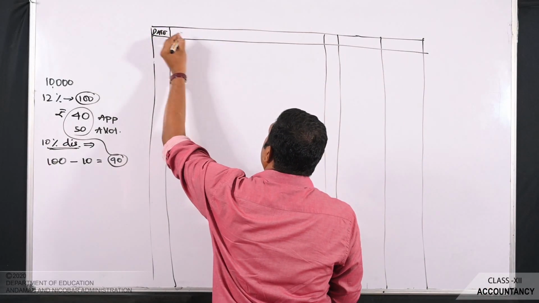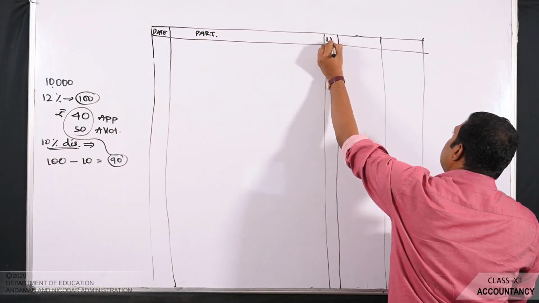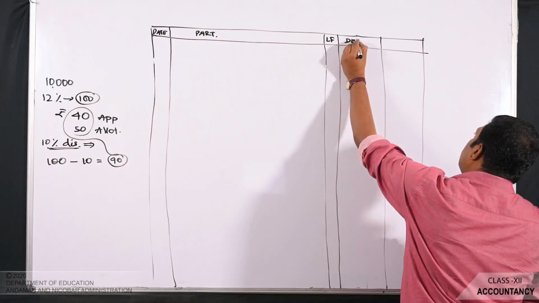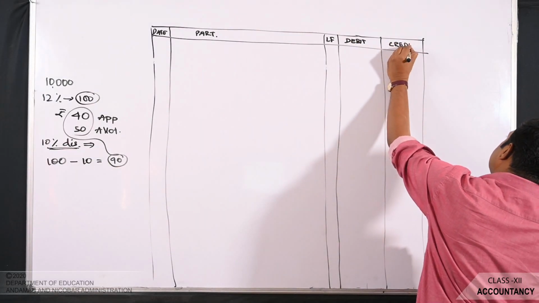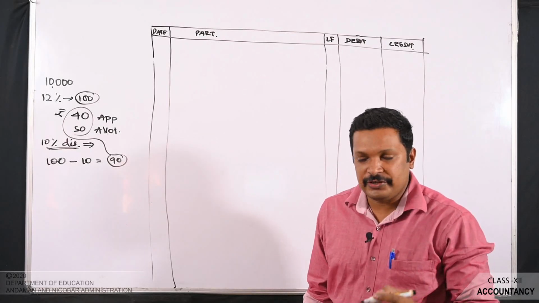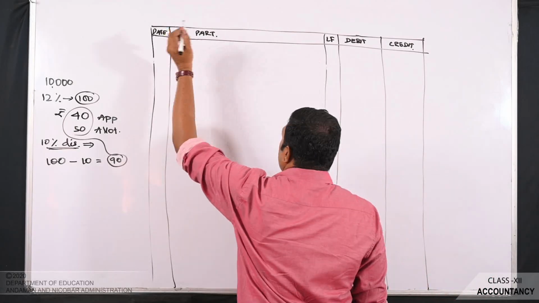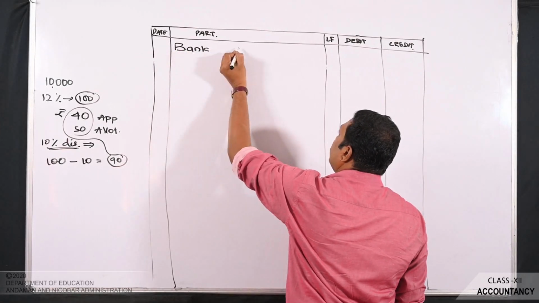Date, particulars, ledger folio, debit and credit. Okay. Now start. What is the first entry? You know, date is not given, so you write here bank account debit.